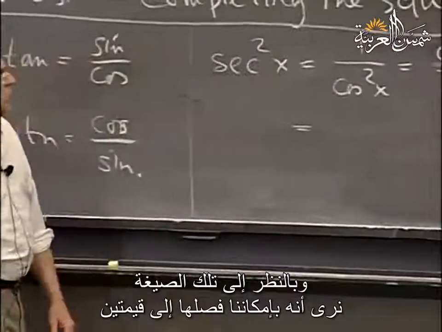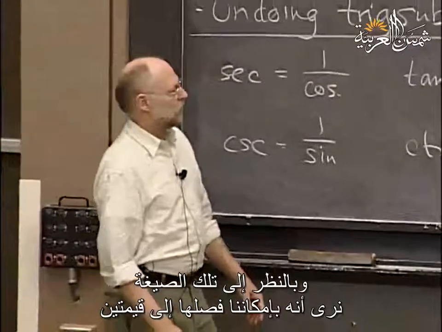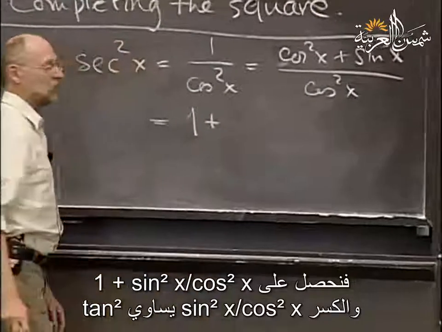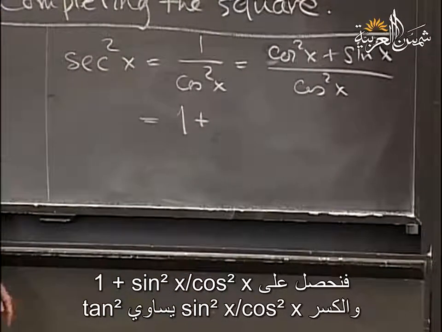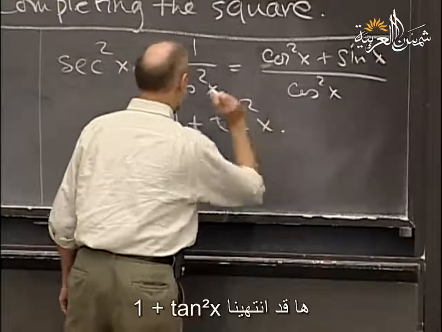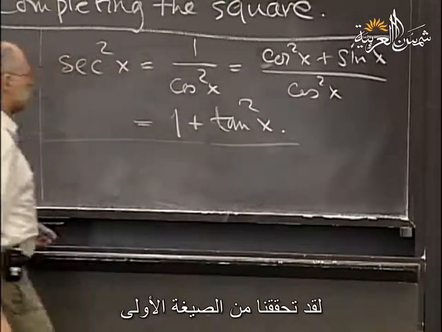And if I do that, then I can divide the cosine squared into that first term, and I get 1 plus sine squared over cosine squared, which is the tangent squared. So there you go. That checks the first one.